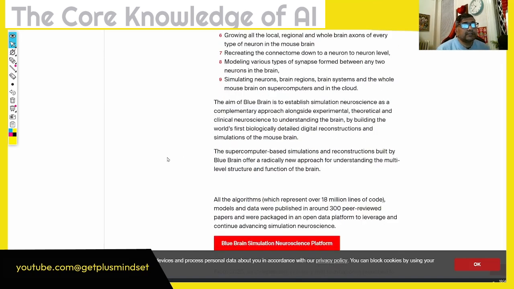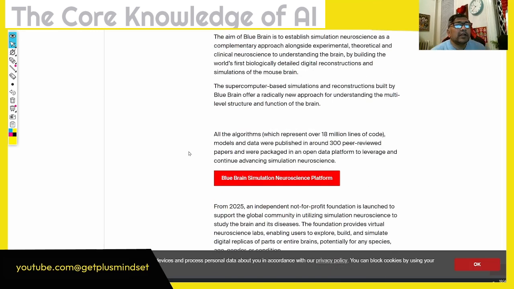And the progress is over 11 million lines of code, 18 million lines of code. Oh my god. And the model and the data are published in around 300 reviewed papers and were packaged in an open data platform to leverage and continue advanced simulation of neuroscience.